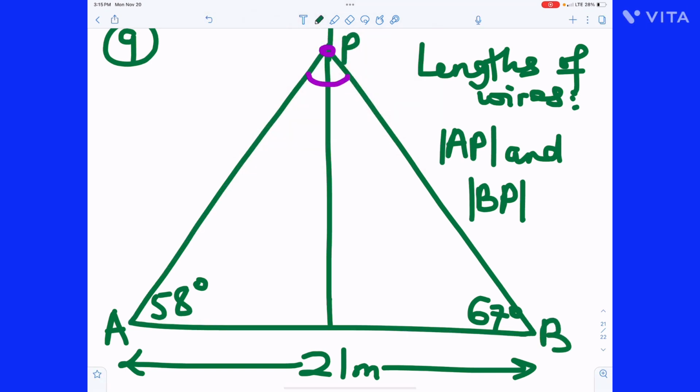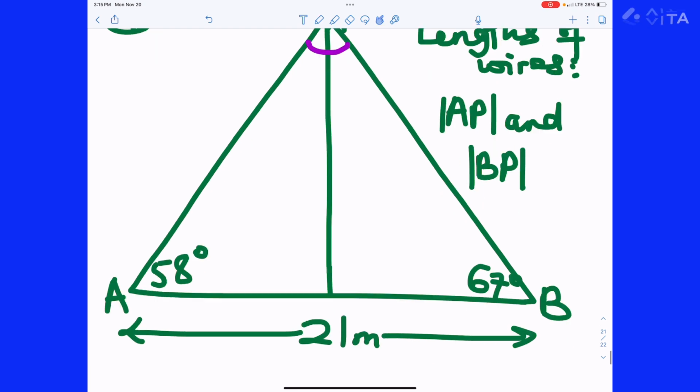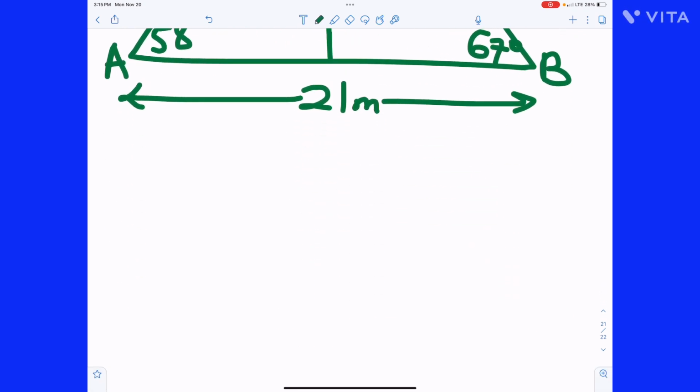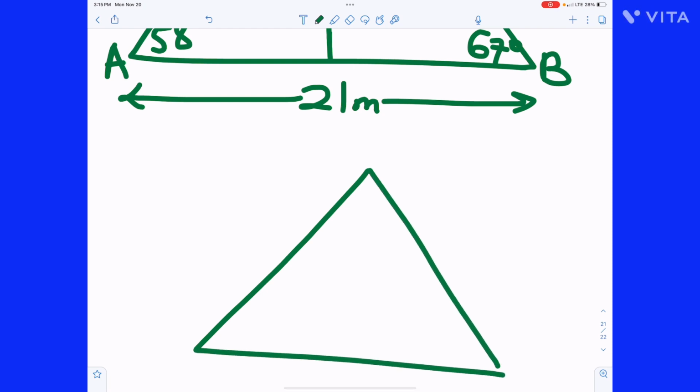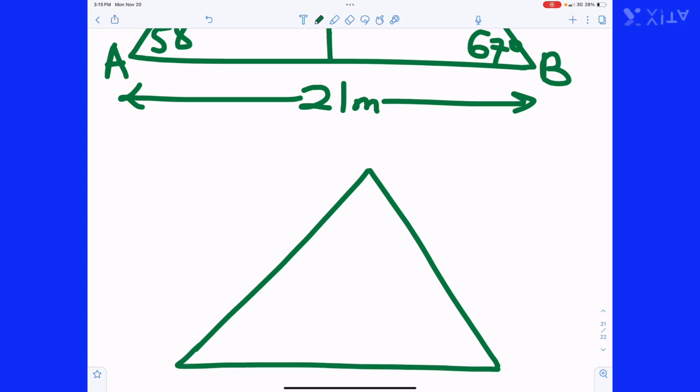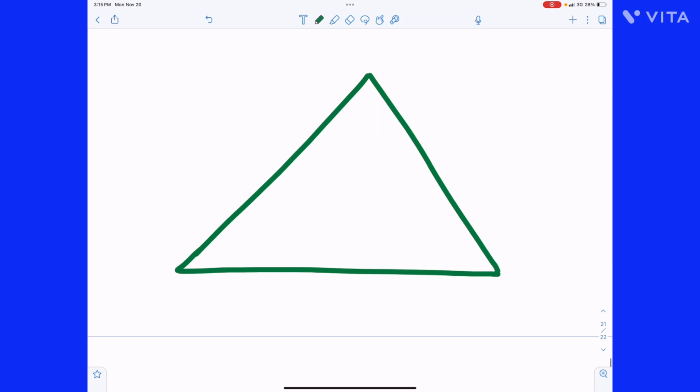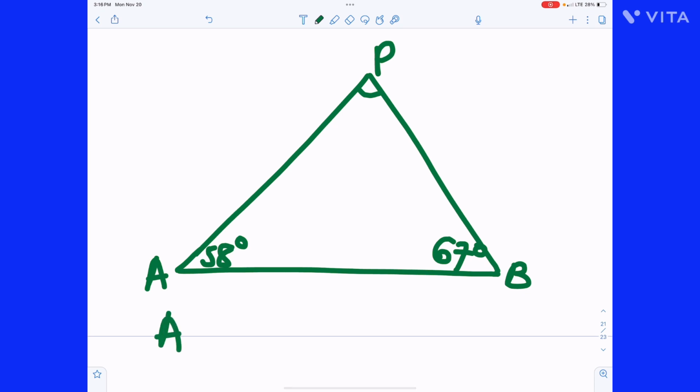If you like, you can draw another triangle without the pole, just triangle APB. 58, 67, P. Let's find angle P.